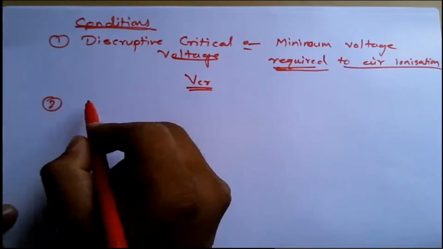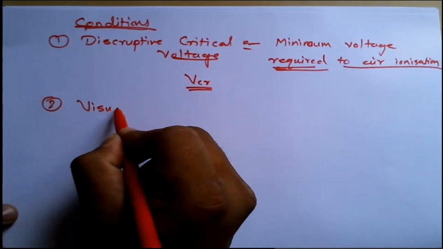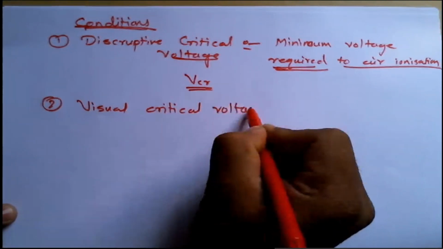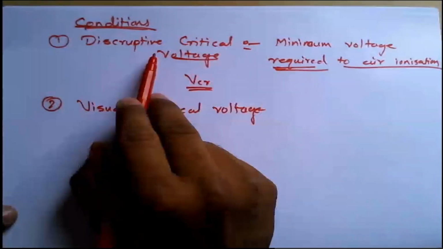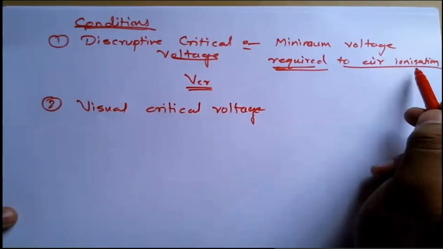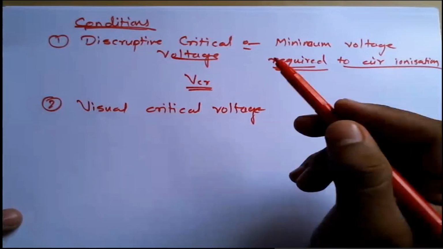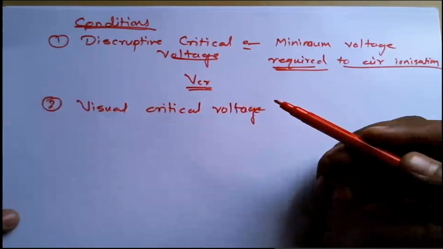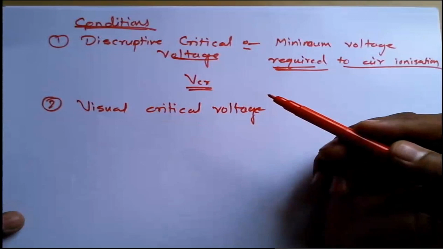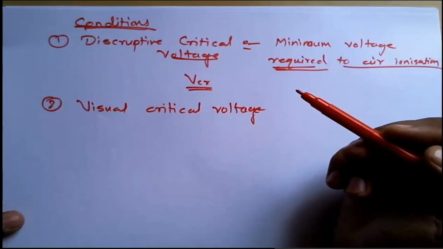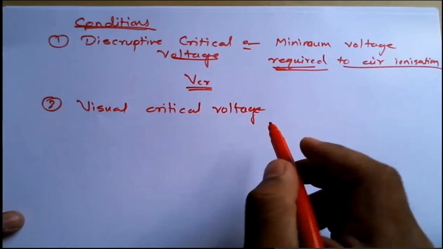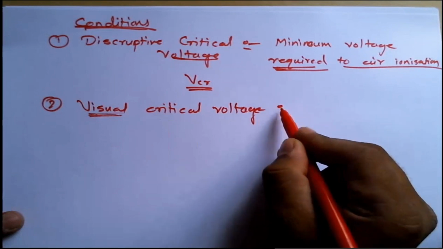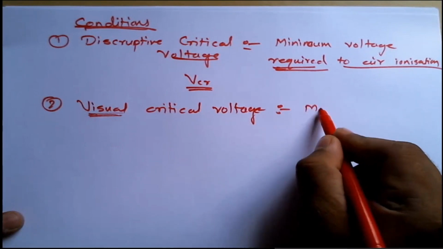The second condition is the visual critical voltage. As I told you, the critical disruptive voltage is the minimum voltage required for air ionization. Generally, whenever you observe an overhead transmission line, the corona is not visible. In rainy season and stormy weather, it is visible. So what is the visual condition for corona?